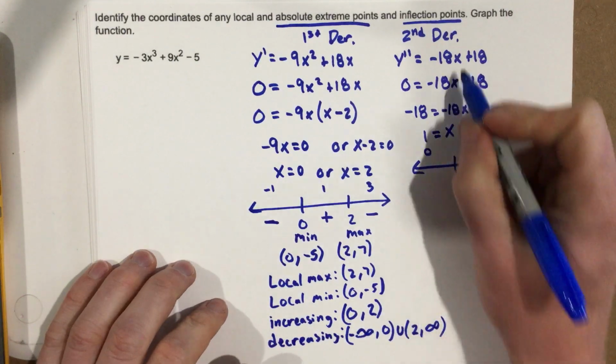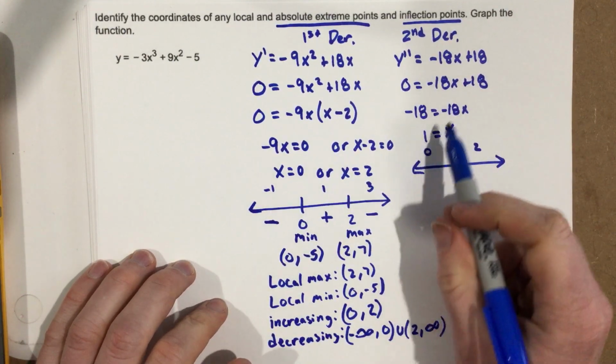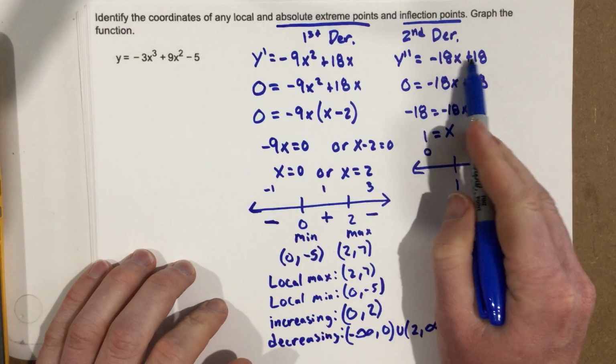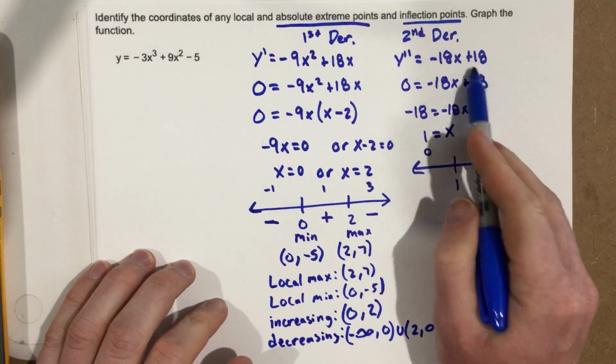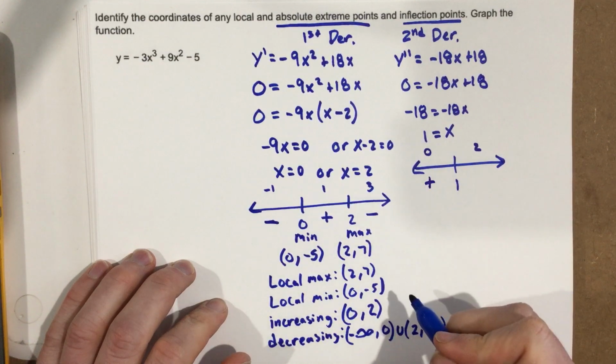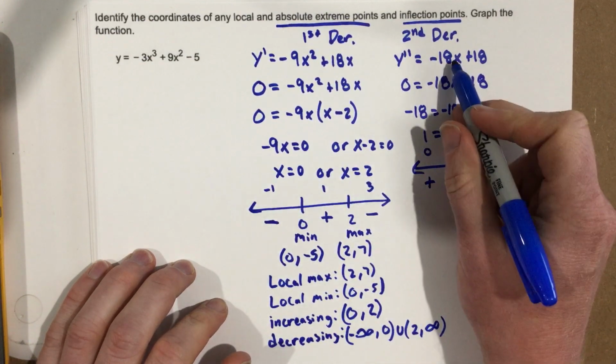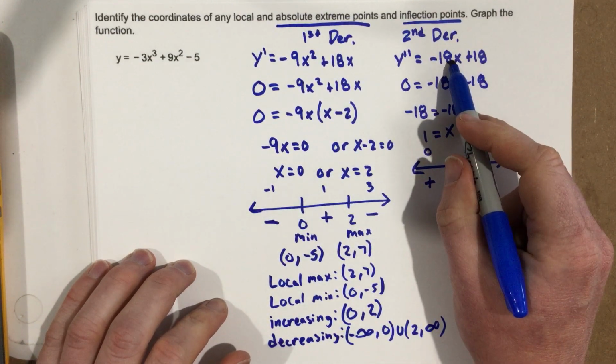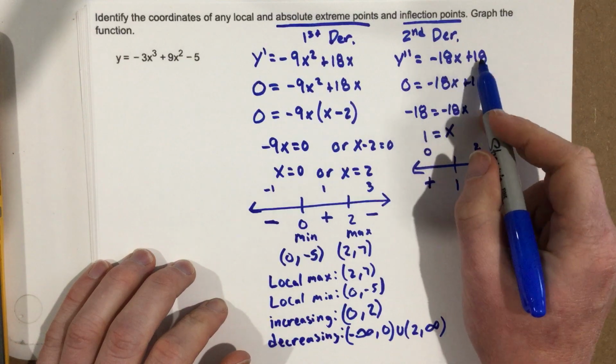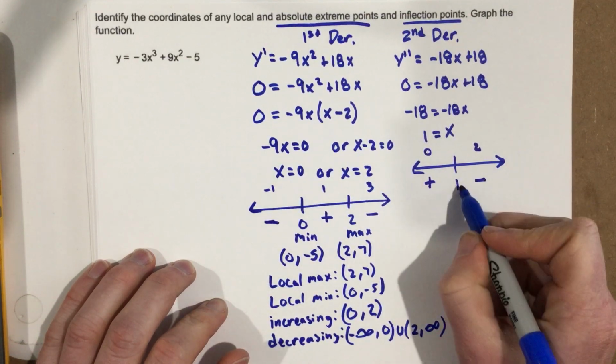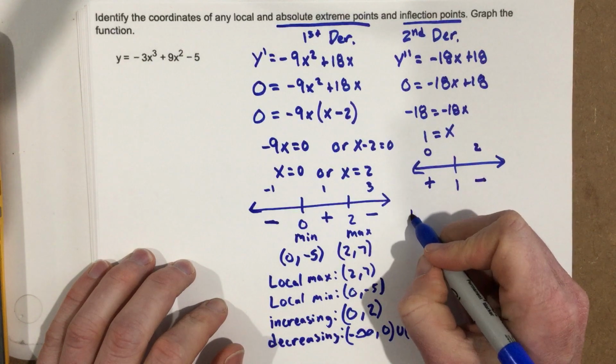So I plug in 0 into this function. This one's easy to plug in. 0 goes in for x, that cancels, that gives me 18, so that's a positive. I plug in 2. 2 times -18, -36 plus 18, that's a negative. So this is an inflection point.